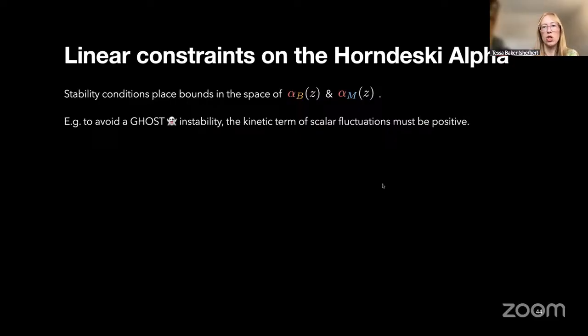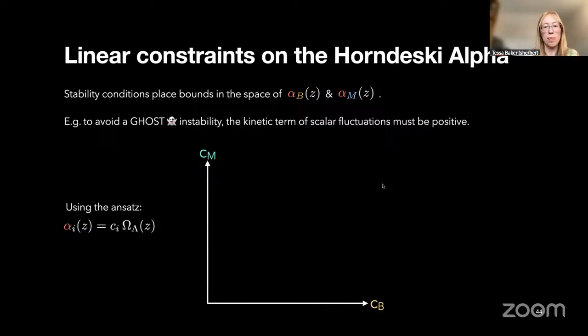Okay. So we're going to start building ourselves this two-dimensional parameter space. And we're going to carry on using the ansatz we had before. And I realize now, here's another typo on the slides. I've left off the omega lambda 0 on the denominator here. So sorry, that should be there.